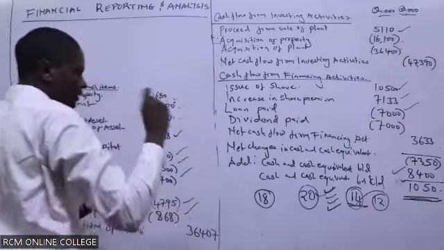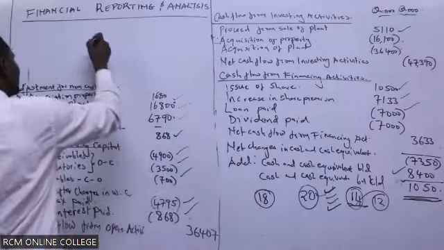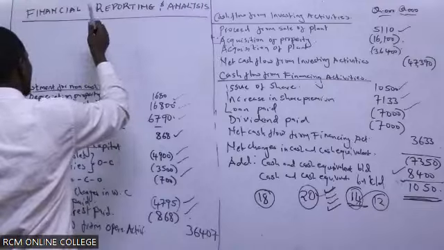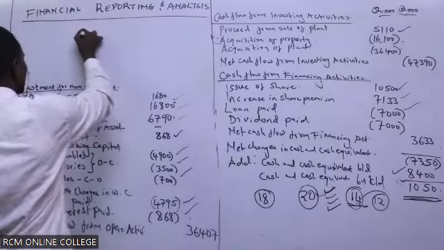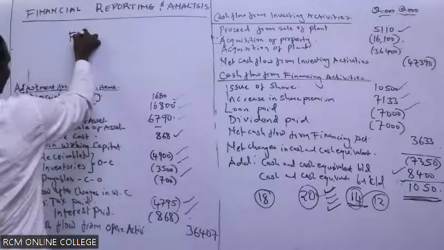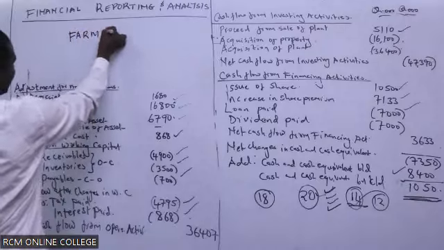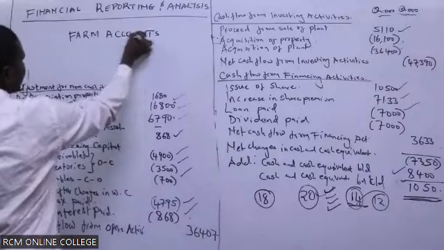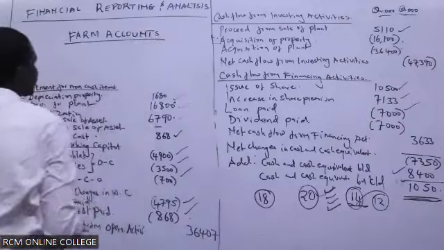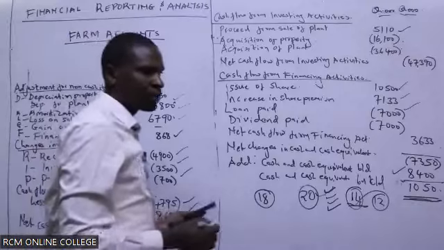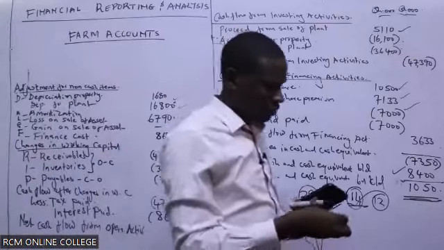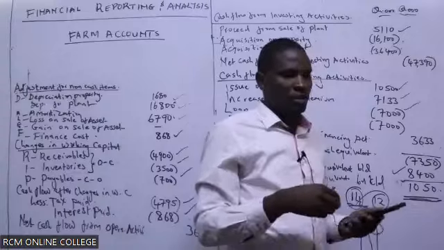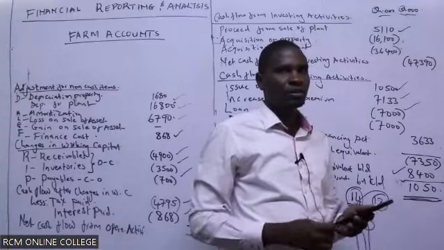Do not stop practicing until that day we sit for that paper. So you can have this as your next topic, farm accounts. Wonder how farmers do prepare their financial statements. So on Wednesday, that is where we shall start.